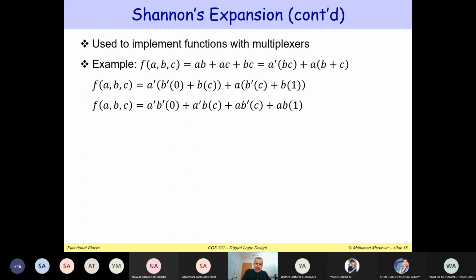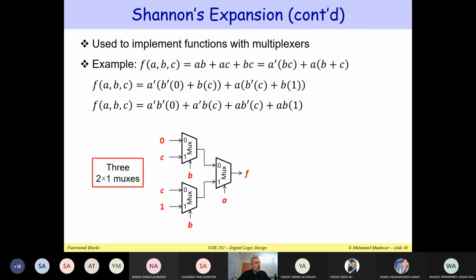Now, I can implement it using 3 2-by-1 multiplexers as shown here. So notice that here B prime and 0 or B and C, I can implement it using this 2-by-1 multiplexer. So when B equal to 0, you get 0. So I'm connecting here the constant 0 to input 0.